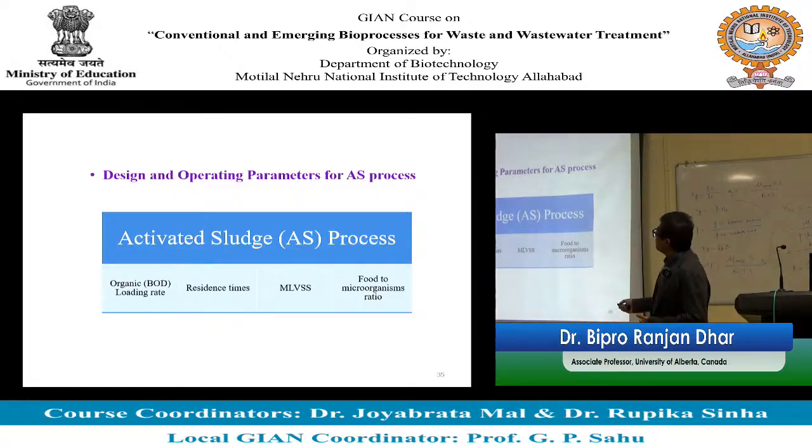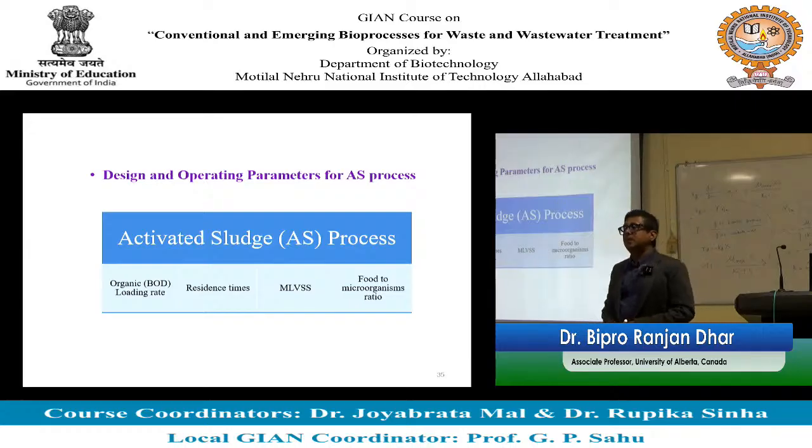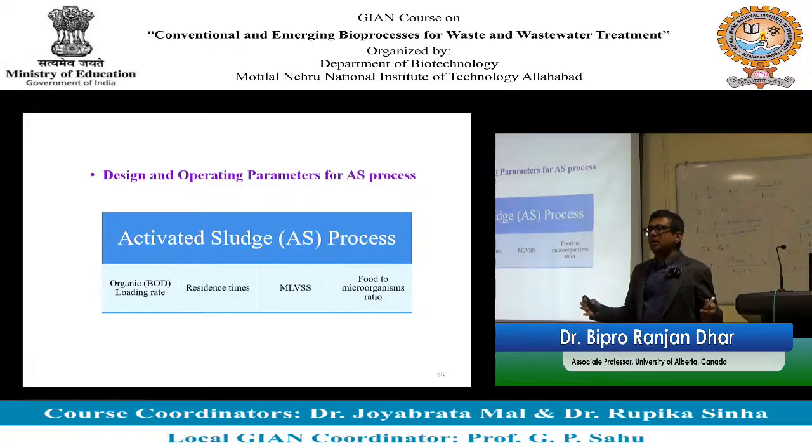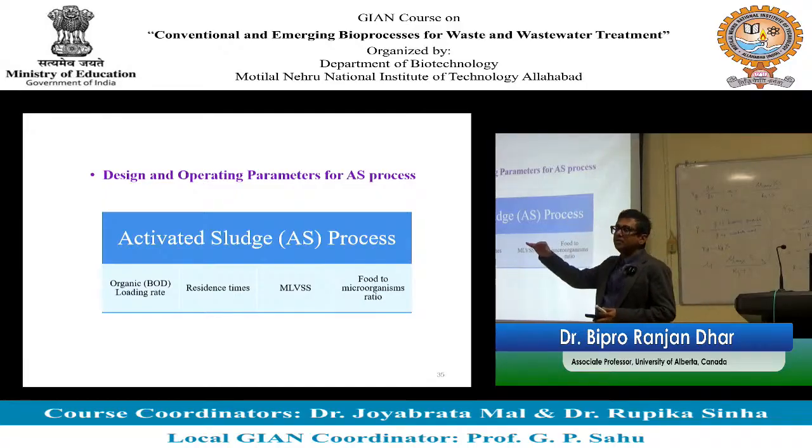So one important parameter is organic loading rate. You remember when I was discussing the batch microbial growth curve, we mentioned that we need a balance between microbes and substrate, right? We need to make a balance for a continuous process.